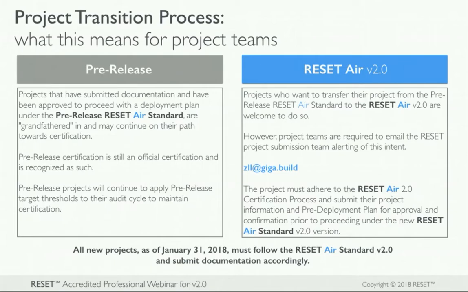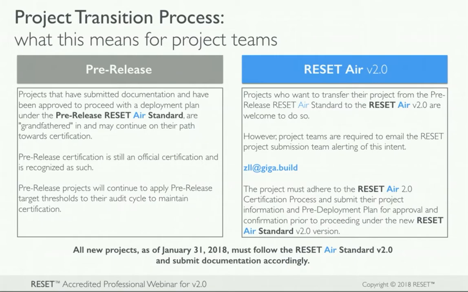Now, projects who want to transfer their project from a pre-release standard to the new version 2.0 are welcome to do so. However, your project is required to email the individual that's listed here, who is our head director of the submission team process. So you need to alert her that that is your intent.